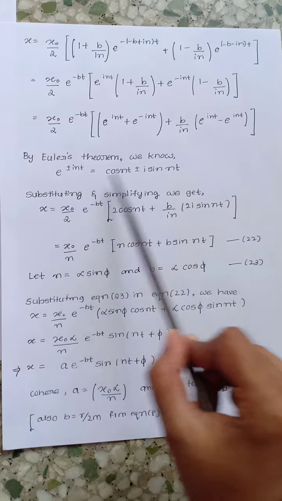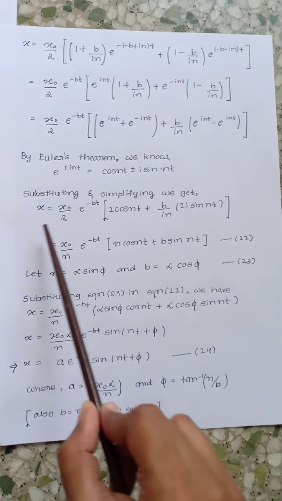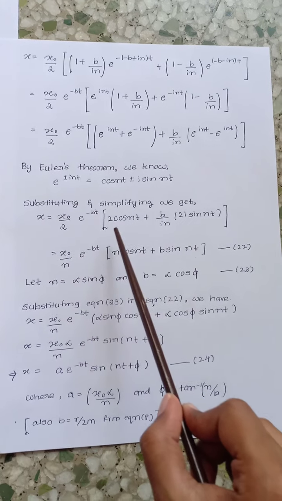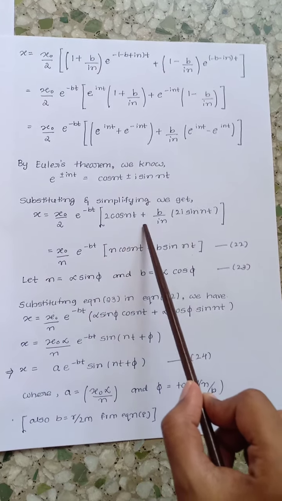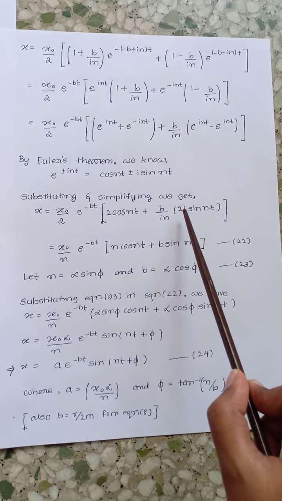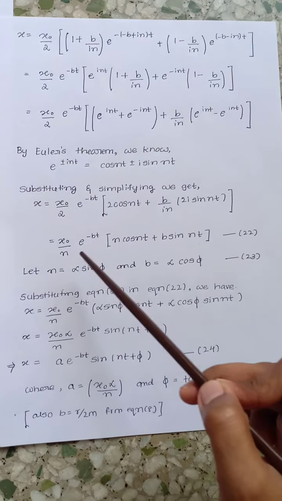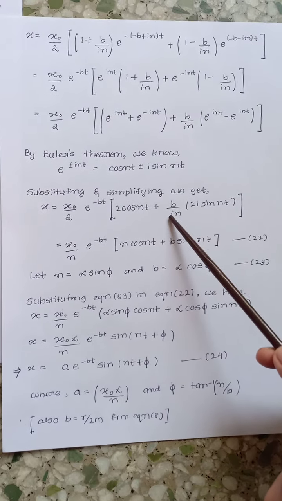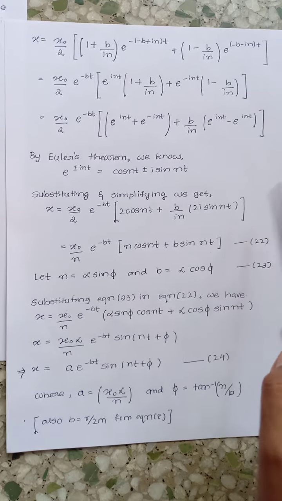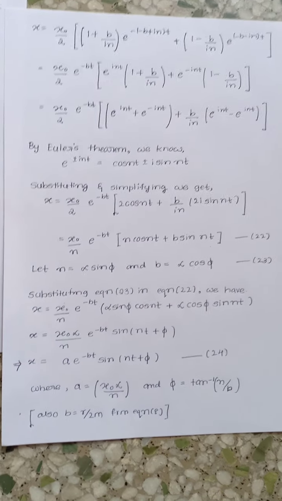Substituting this, you get x equals x naught by 2 e to the power of minus bt into 2 cos nt plus b by n into i 2 sin nt. Now the i cancels and the 2 is common, so it cancels. You will get this equation. Take it as equation number 22.